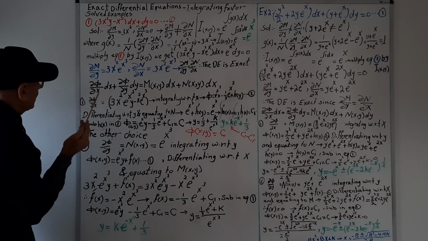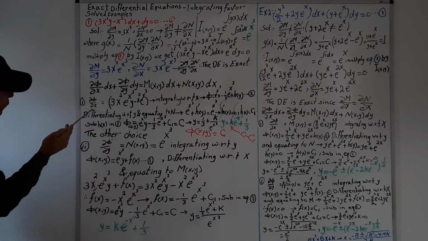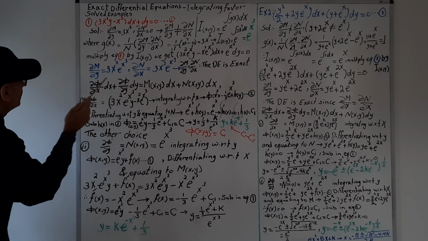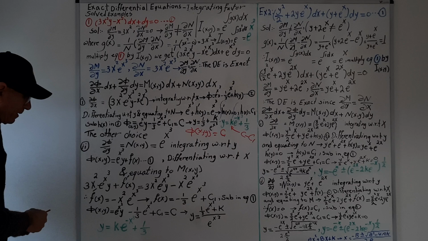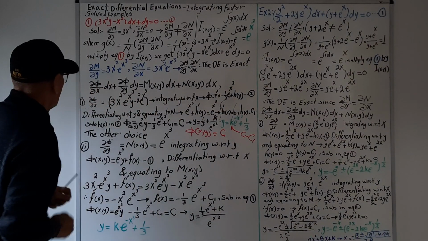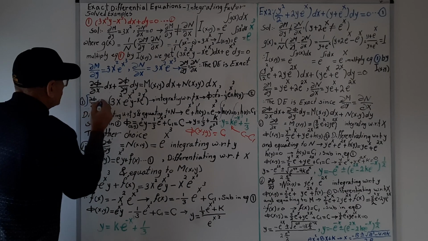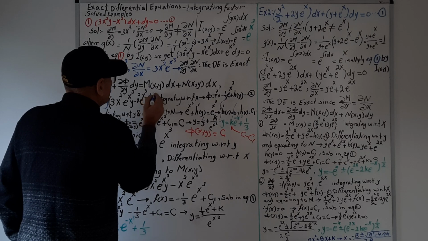Okay. And then we have partial of phi with respect to x equal M. So here M equals this one. Now we integrate both sides with respect to x, here dx and here dx.